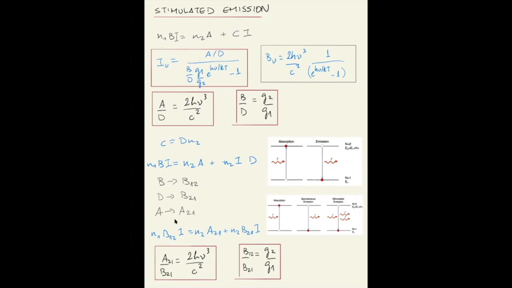These two equations are called the Einstein relations. If these relations are obeyed, then the radiation field in this system of two levels reproduces the Planckian for all temperatures.